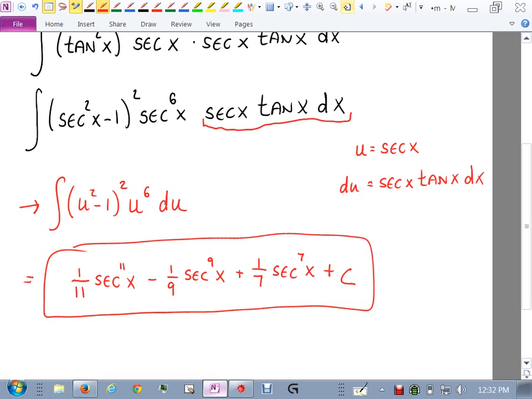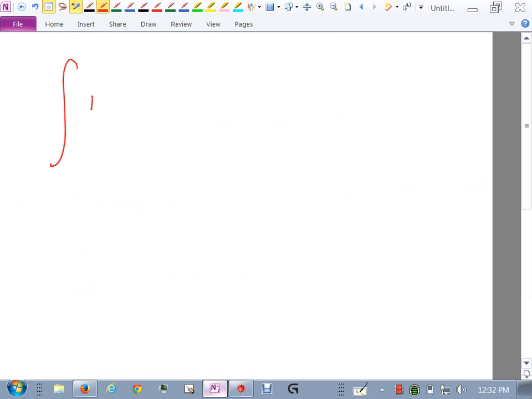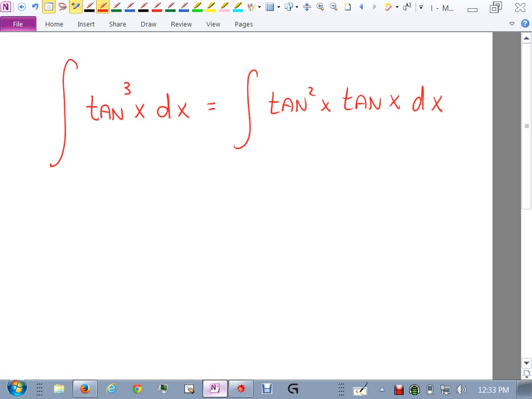What would you do with this one? If it was just tangent cubed x dx. What do you think you would do? Okay, if you strip a tangent out, then what?